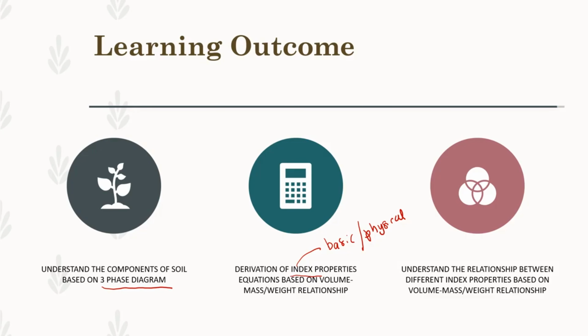So we want to relate one index property with another, again based on the volume-weight relationship. From the phase diagram, there is a volume and mass relationship that can be used to derive all those index parameters.